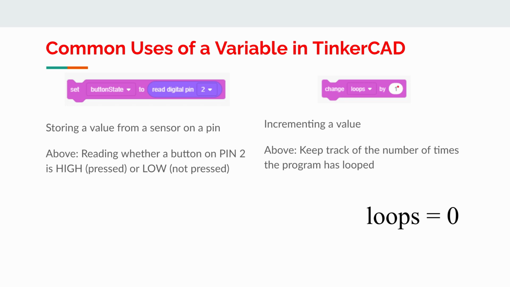That means that we're adding 1 to the variable loops. We come back through the top, and then we increment it again, which means that we add 1 more to it, and now the value of loops is 2. So this is a way that we could keep track of the number of times that a program has actually looped around, which can be useful sometimes.